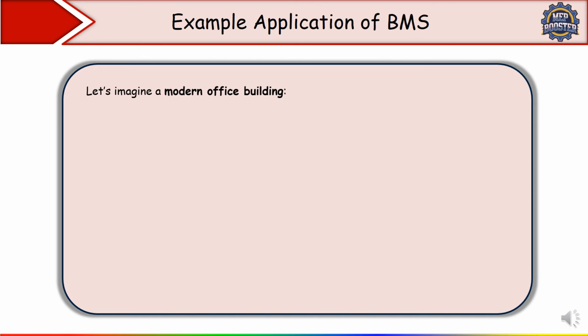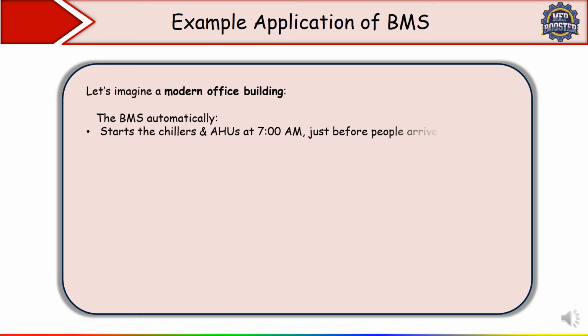Okay, now here we'll show you an example application of BMS. Let us imagine a modern office building. In this building, the BMS automatically starts the chillers and AHU at 7 a.m. just before people arrive. Okay, it depends. The timing will vary based on which type of building it is. If it is a school building, you can adjust as per that.